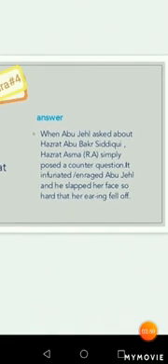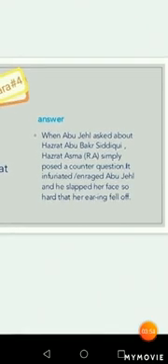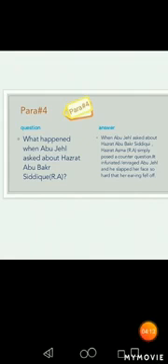It infuriated or enraged Abu Jahl, and he slapped her face so hard that her earring fell off. We can see that here in the answer, the action and reaction of Abu Jahl and Hazrat Asma Radhiyallahu Ta'ala Anha is provided as per requirement.